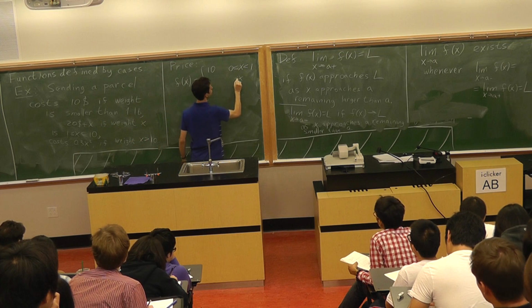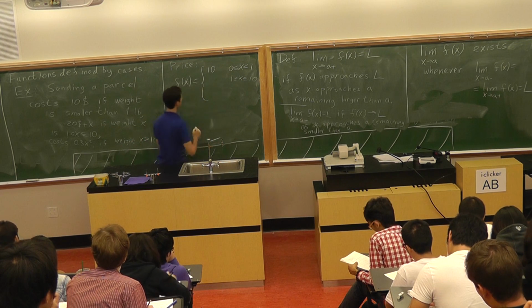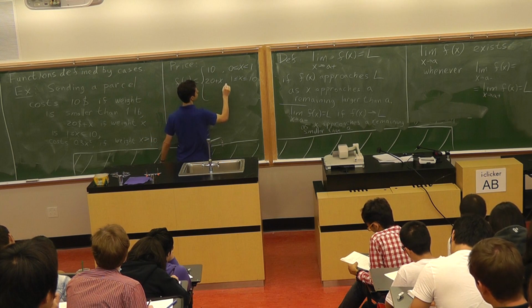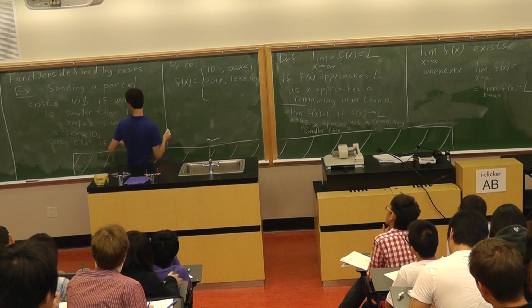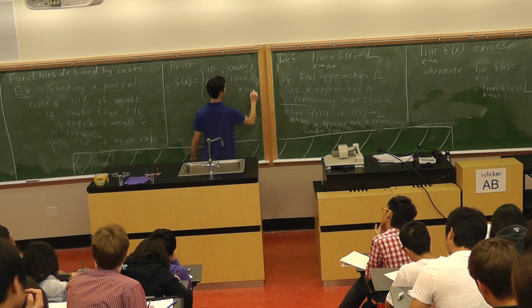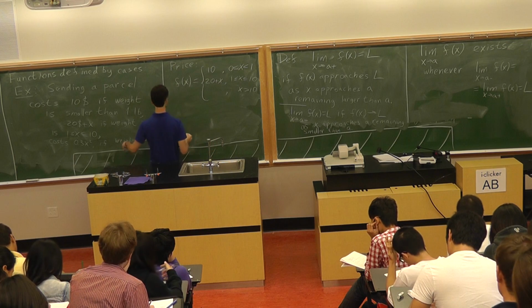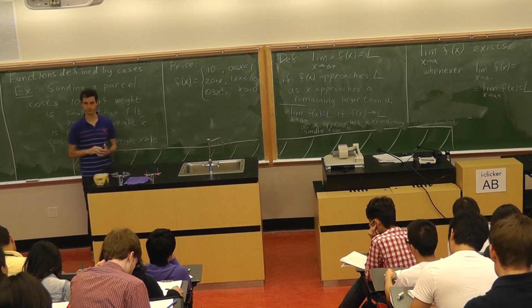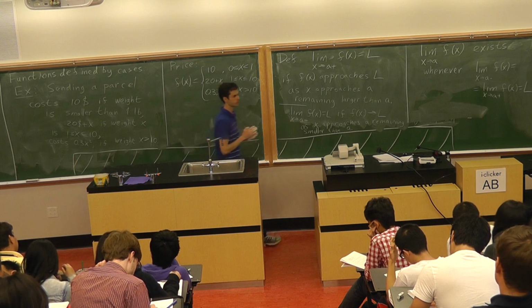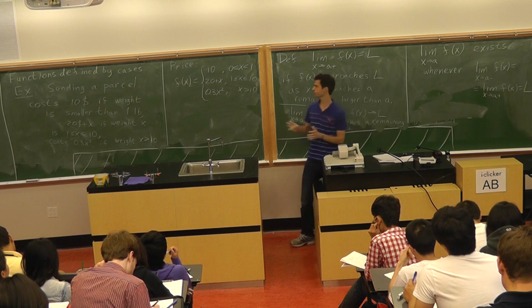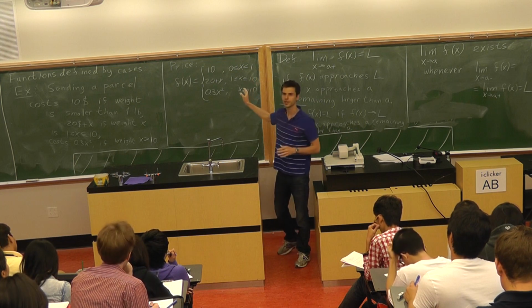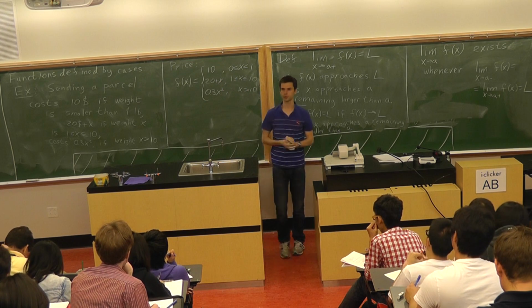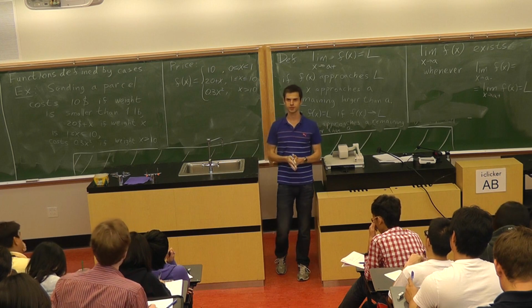Then when x is between 1 and 10, my function is defined by the formula 20 plus x. And finally, when x is greater than 10, my function is defined by 0.3 times x squared. So I don't have just one formula, I have 3 of them. And each one of them applies for its own range of possible x.